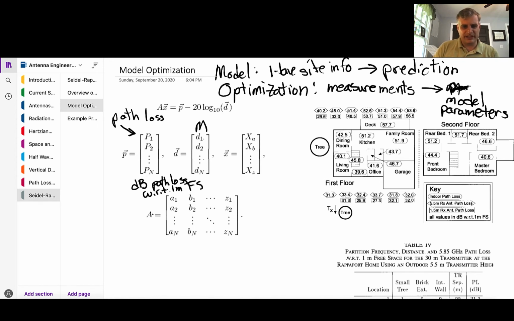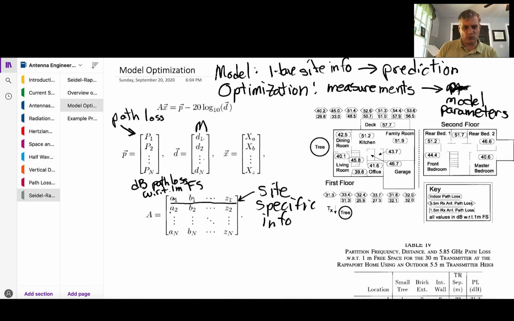And the way that we formulate the partition model values, we have a matrix A, which has all of the site-specific information in here. This is our site-specific info. So for location receiver 1, I have a number, probably an integer, that represents the number of, say, exterior walls, interior walls, trees, forests, whatever you want to correlate your information with up here.